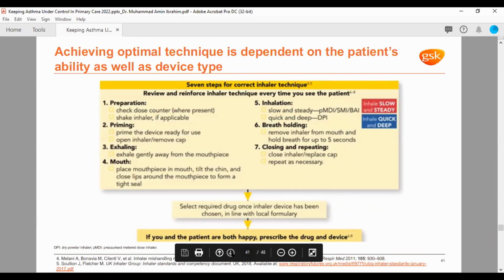There's no teeth or tongue obstructing the inhaler, and based on the inhaler, then there is specific technique to do the inhalation, followed by breath holding, minimum 5 seconds to allow the particle to diffuse in the lung. And lastly, how to look after the inhaler.